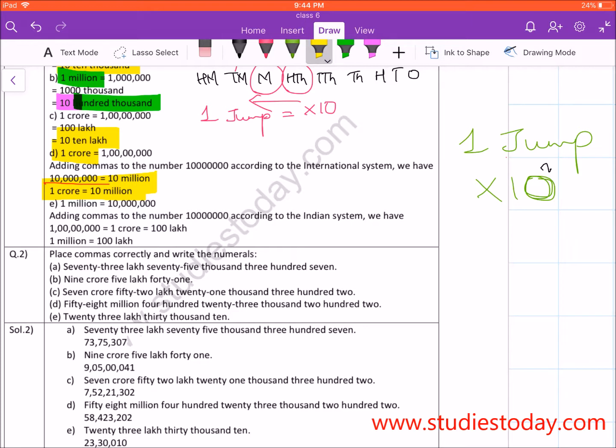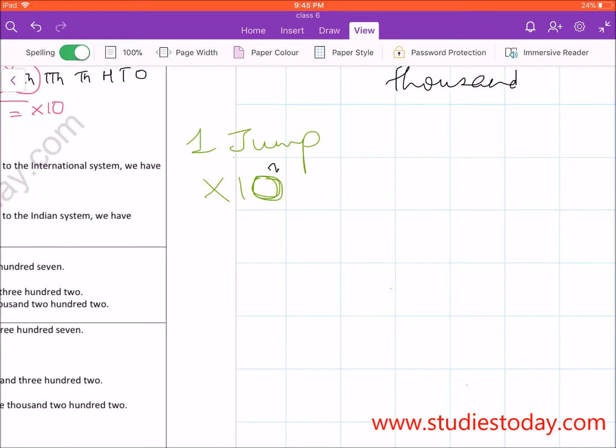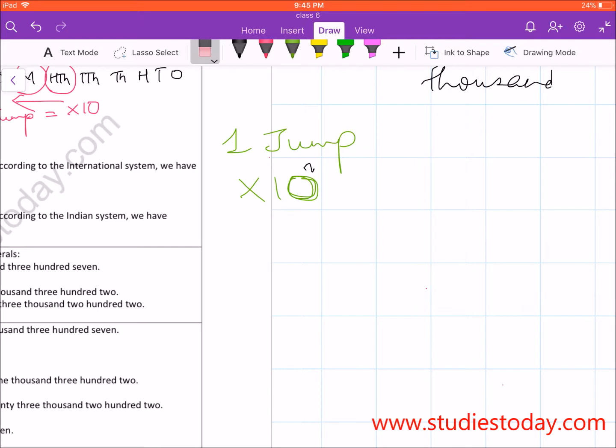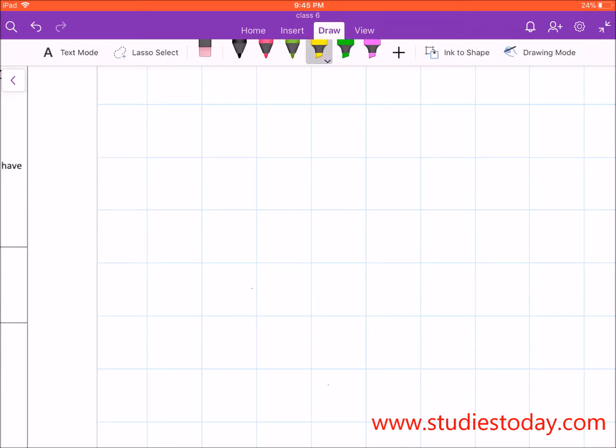In the same way, they have asked me to compare 1 million to lakhs. So, for this, children, we can make the Indian and international systems side by side, which gives us a clear picture of the system. While making it, we will write one system below the other.